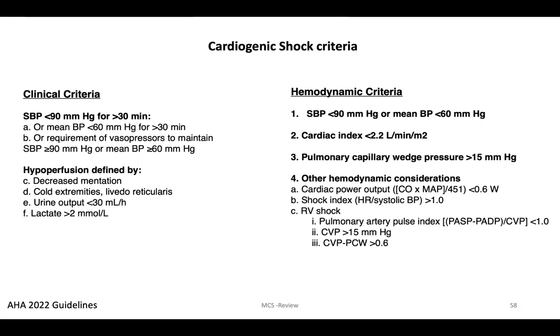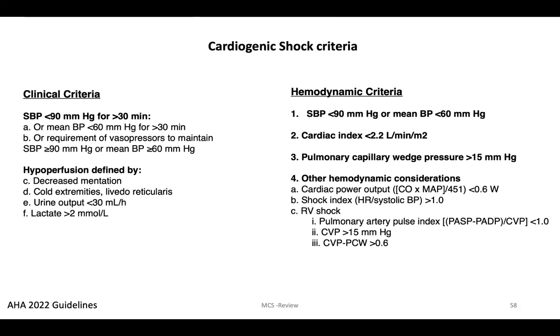So if you still have some energy, we can move on with just a couple of slides about cardiogenic shock. I think you need to know the definition of cardiogenic shock. It's pretty straightforward. There are many definitions in many studies, but the definition from the AHA guidelines is a consensus.